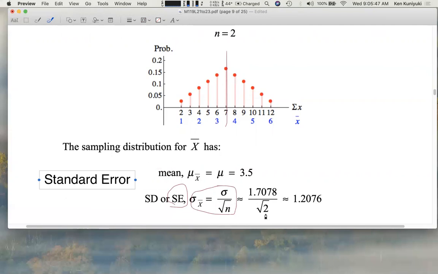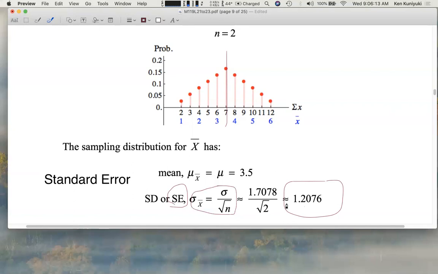Each student has a sample size of 2. That's different from the number of samples. We're talking about the sample size, the number of dice that's rolled by each student. 1.7078 divided by the square root of 2 is about 1.2076. And this is going to be the standard deviation of the x bar distribution, or the standard error. The standard error.